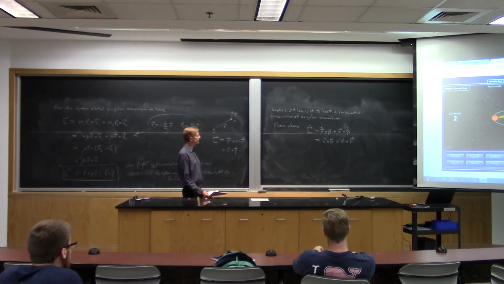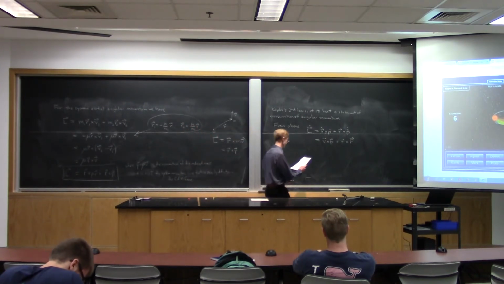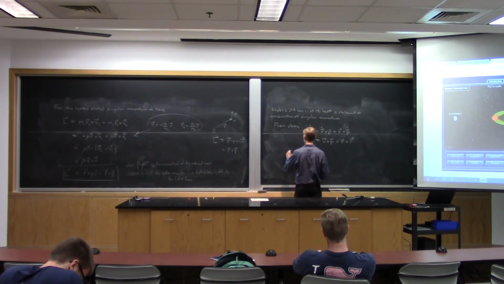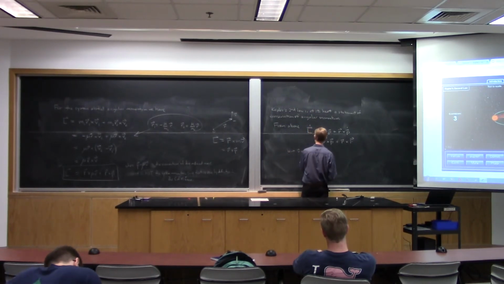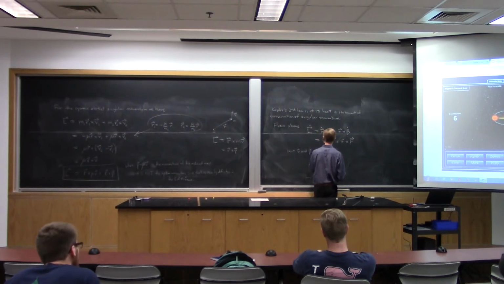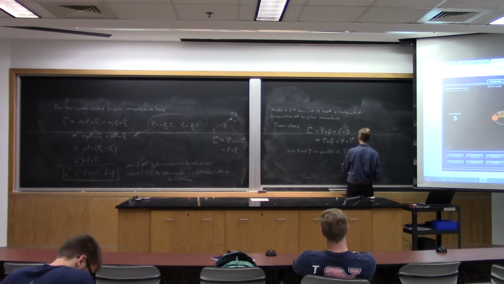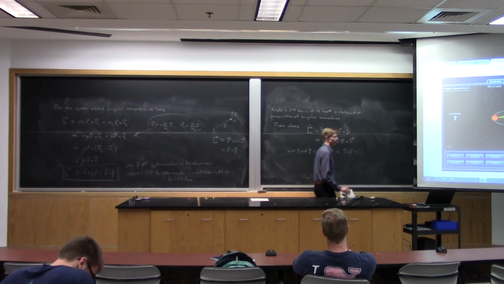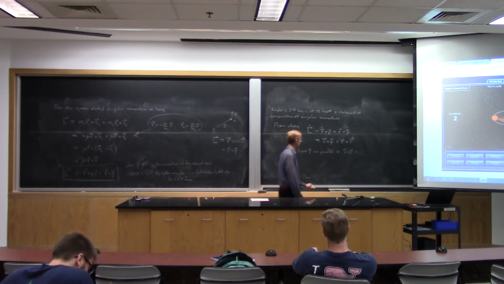But v and p are parallel to one another, because p is mu v. If two vectors are parallel, what's their cross product? 0. So that term is 0.